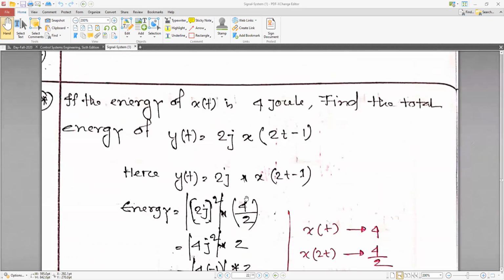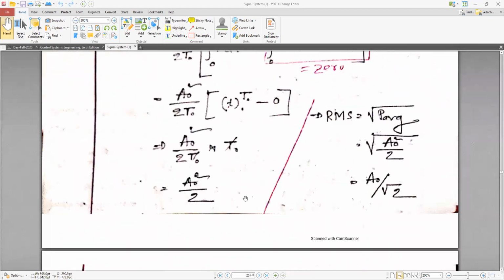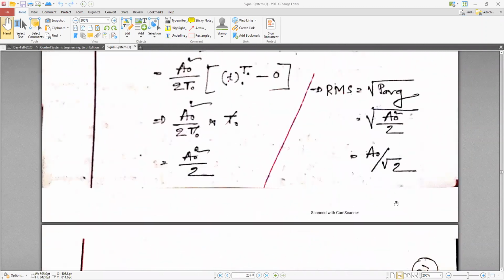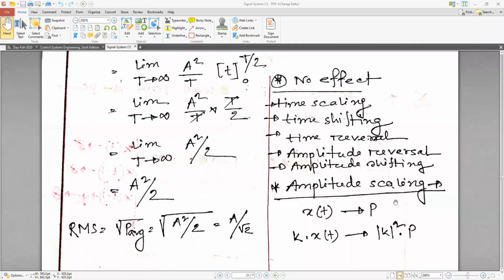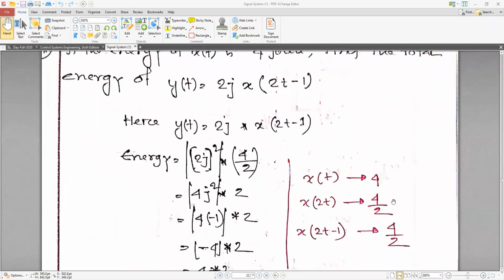Do remember one thing that we have seen before. Time scaling: x of t becomes x of a t, divided by modulus of a. Amplitude scaling: x of t becomes a x of t, and a square for the energy.